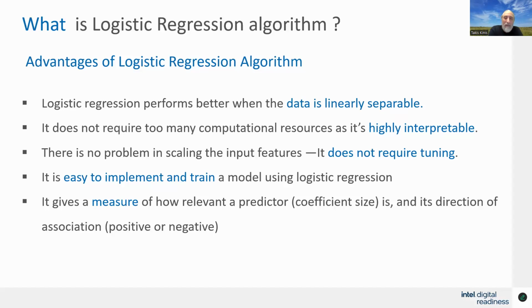Anyhow, what's kind of interesting about this is when it works best. So what are the advantages of this approach? It says it performs better when the data is linearly separable. In other words, we can take all the data and split it into separate linear equations. It also works when it doesn't require too many computational resources, because you can totally break it from running and still get good results.